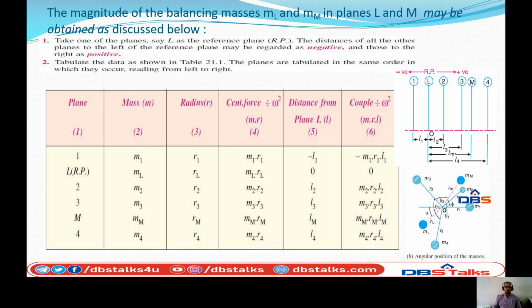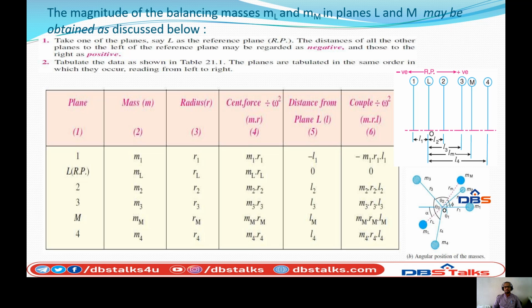If you consider M, the left side values of M are 1, 2, 3, and the right side of M is 4 only. So all the values will come out negative. Negative does not mean the least value; it is only the direction of representation.